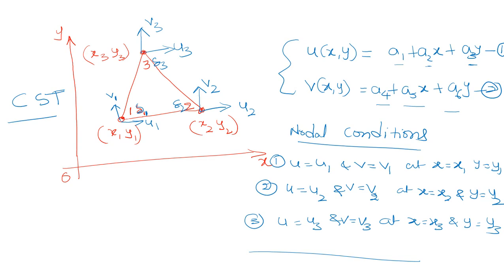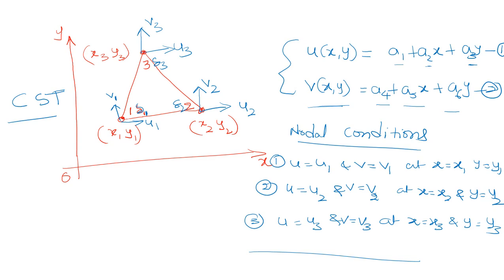For this reason, we can calculate the shape functions from one equation, from the constants a1, a2, a3. Then those shape functions we can directly use in the other equation. Now our concentration is only equation 1.